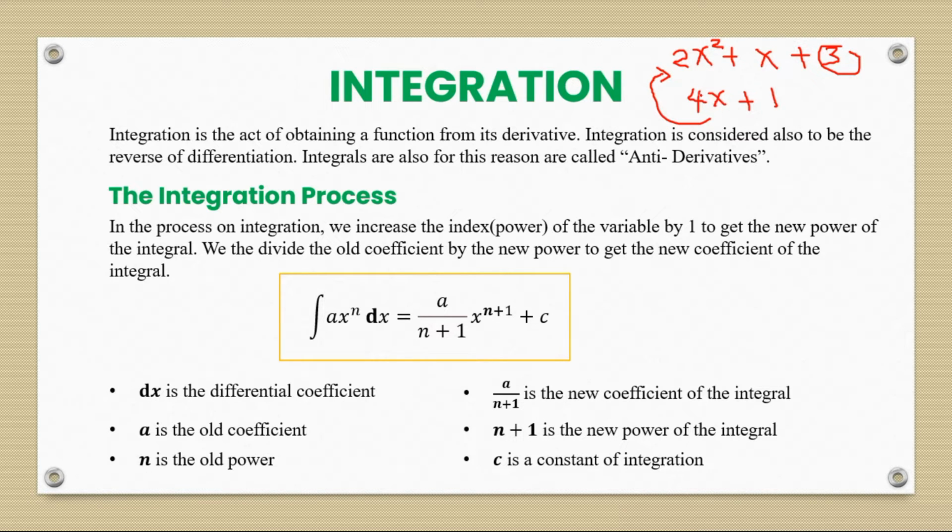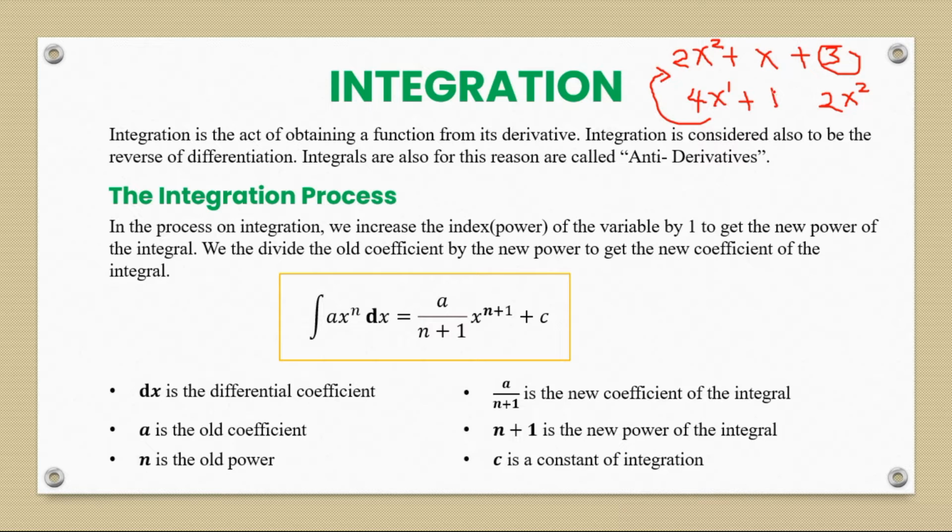As you can see, if I integrate the 4x, I add a 1 to the power. Remember that x is basically to the power 1, so I add a 1 to it, and of course that x becomes x squared. Then that new power, we divide the coefficient by it. So we'll have 4 divided by 2, which is 2.